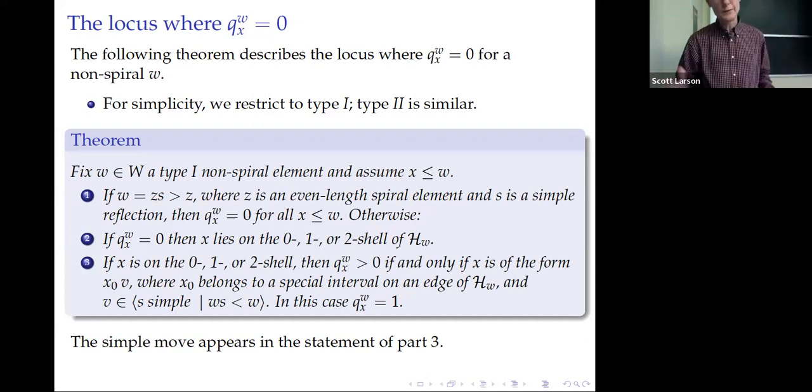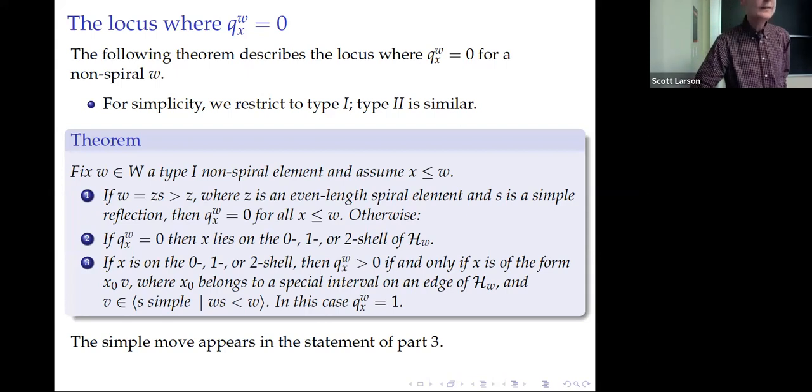It's a strange phenomenon. So let's suppose we're not in that case. There's this one particular case where all the Q's are 0. If we're not in that case, then if Q is 0, the only possible points where Q is 0 are on the 0 shell, the 1 shell, or the 2 shell. Those are the only points where Q is equal to 0.